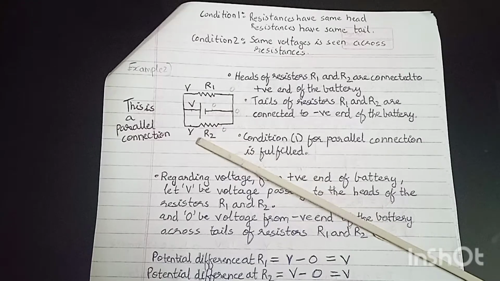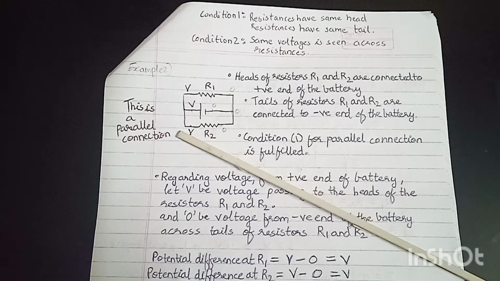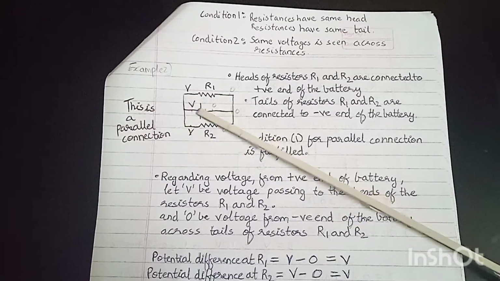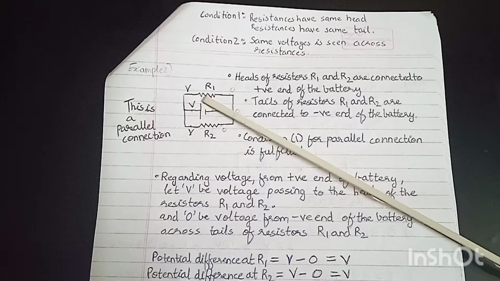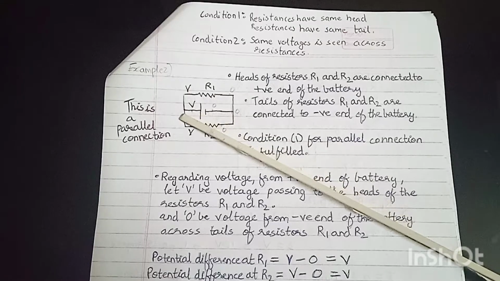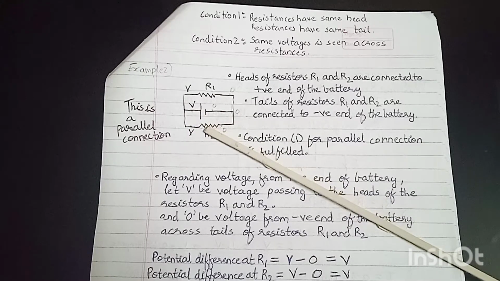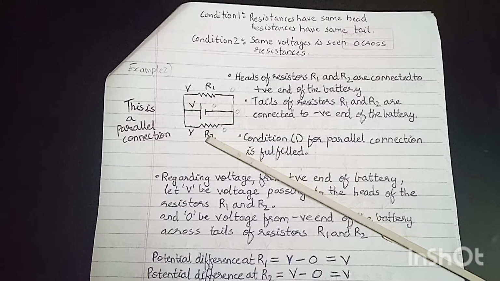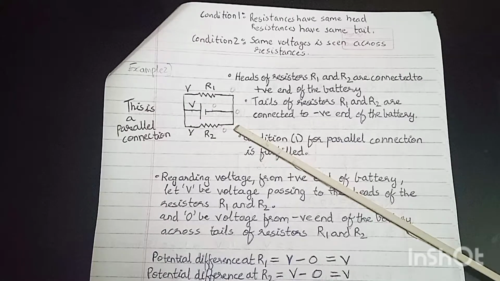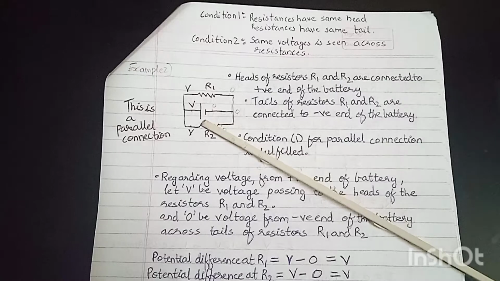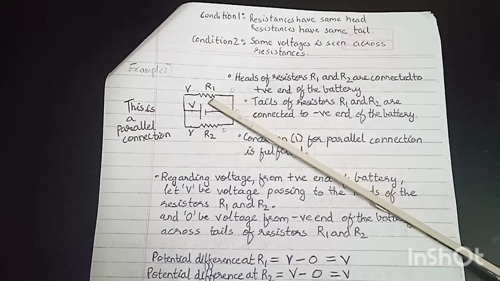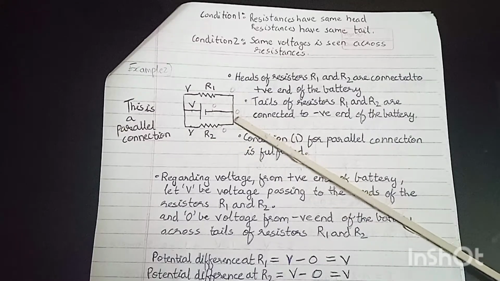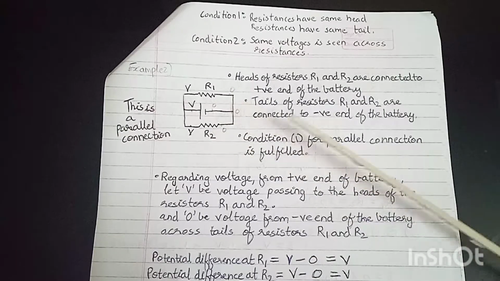Voltage V is supplied from the positive end to the head of R1, and this same voltage is supplied at the head of R2. Here it is marked 0 volt because it is connected to the negative terminal, along with the tails of R1 and R2.